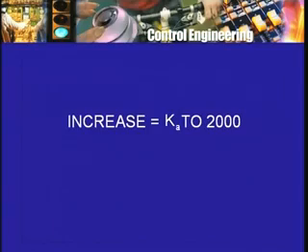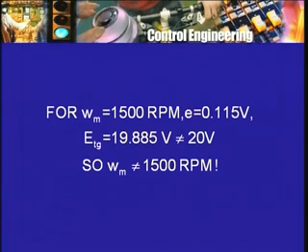Alright, let's increase the gain by a factor of 10. So make now Ka equal to 2000 instead of 200. The error voltage required to produce 230 volts therefore will not be now 1.15 volts, but will be 1/10 of that, that is 0.115 volts.